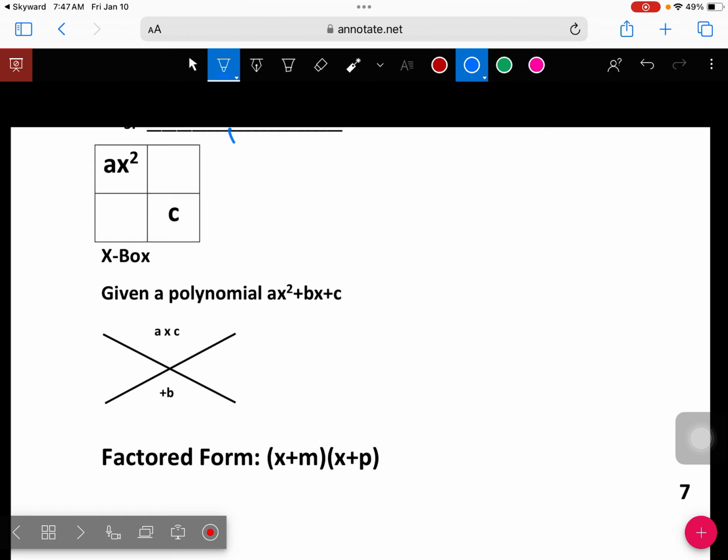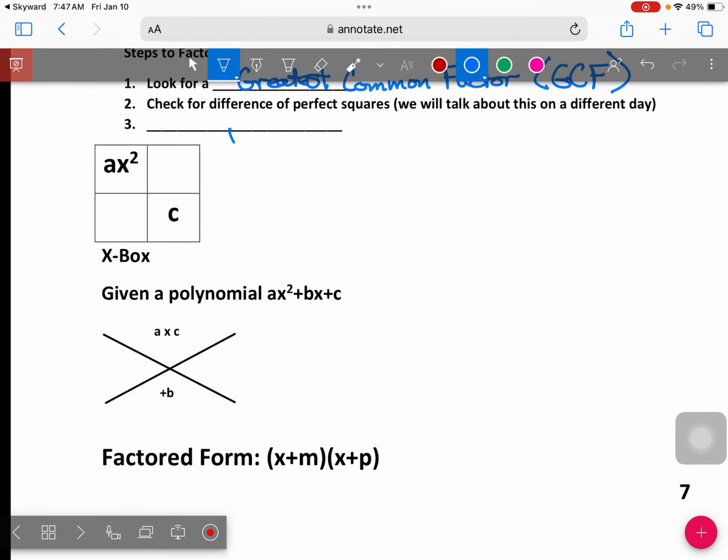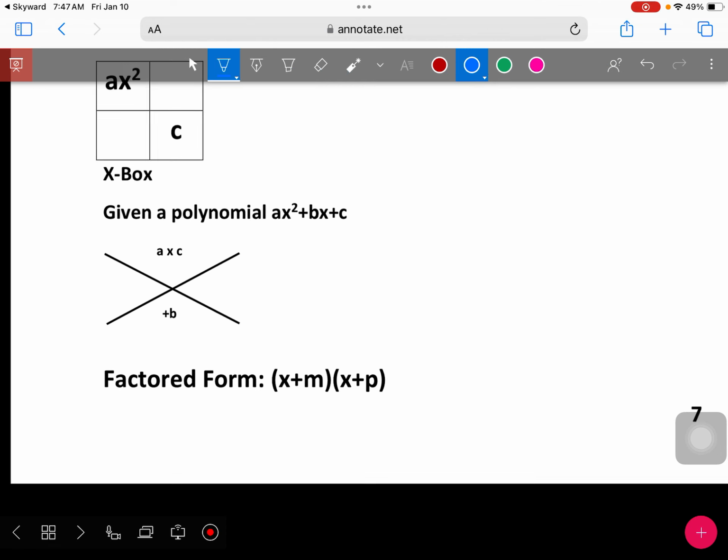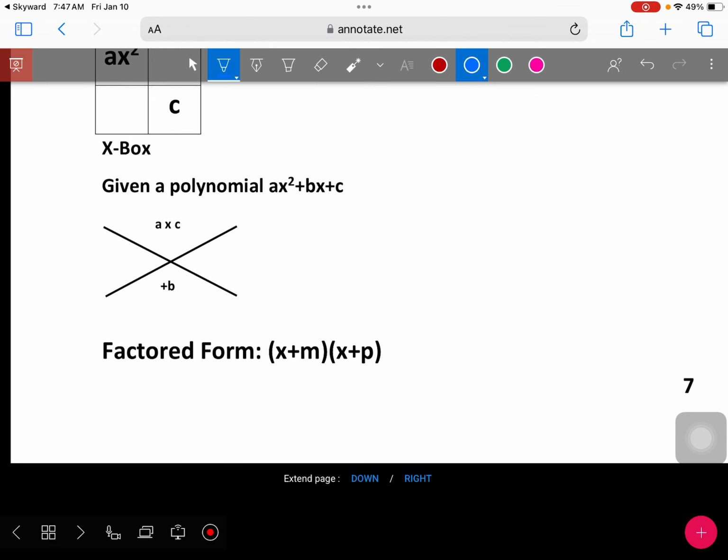Okay? But you are going to create this box like we had here before. Okay? So, given a polynomial ax squared plus bx plus c, the two things that you are going to multiply are going to be the a in front, whatever that coefficient is, and for now it's just going to be 1, and the constant at the back.